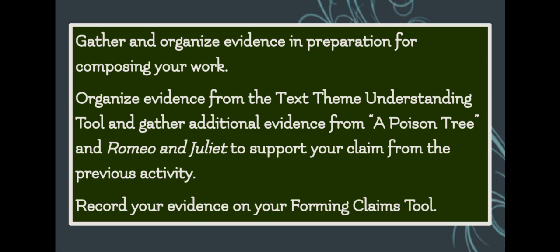You will need to record your evidence in your Forming Claims tool. Remember to gather as much evidence as you can, as you will use this evidence in your work. As you're completing this activity, I want you to think about this. What evidence from the text supports your claim? You will have 10 minutes to complete this activity.